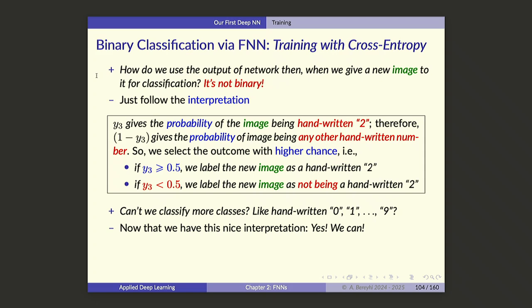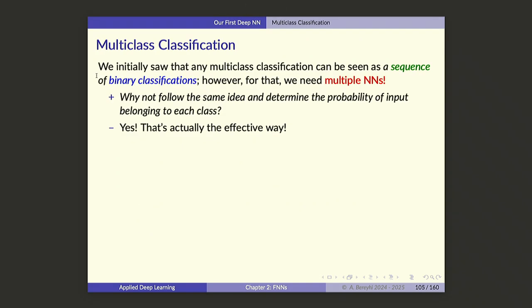So let's see how we can do it. I told you at the very beginning that whenever you have a multi-class classification, you can do it by looking at it as a sequence of binary classifications, right? So in this problem, you're going to say exactly like what I did: is it handwritten 0 or not?